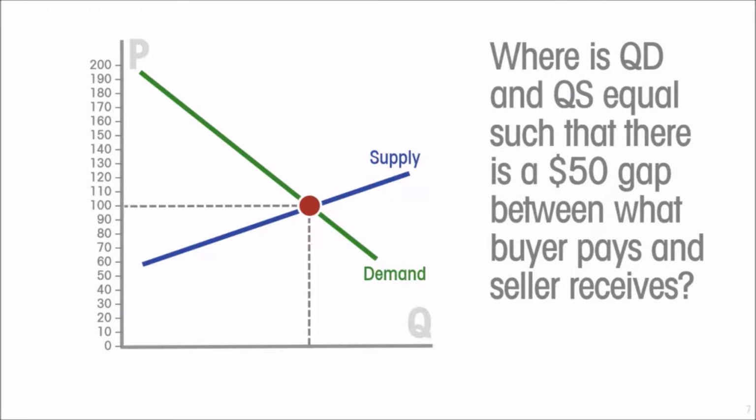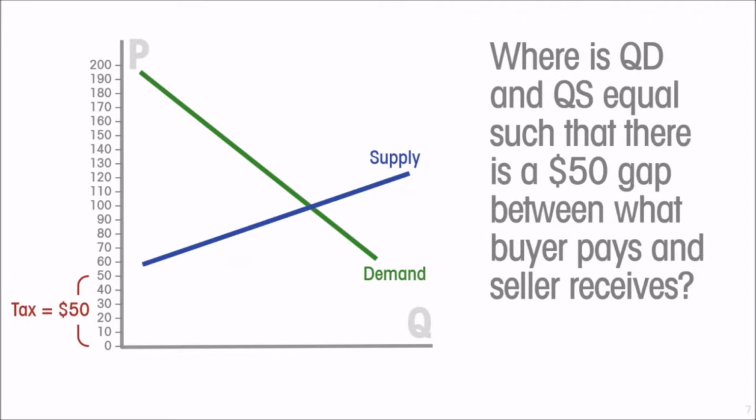Where is it that quantity demanded and quantity supplied would be equal such that there's a $50 gap between what the buyer pays and what the seller receives? Well, what we are trying to find, to reword the question, is what is the quantity for which the height of the demand curve is $50 greater than the height of the supply curve?